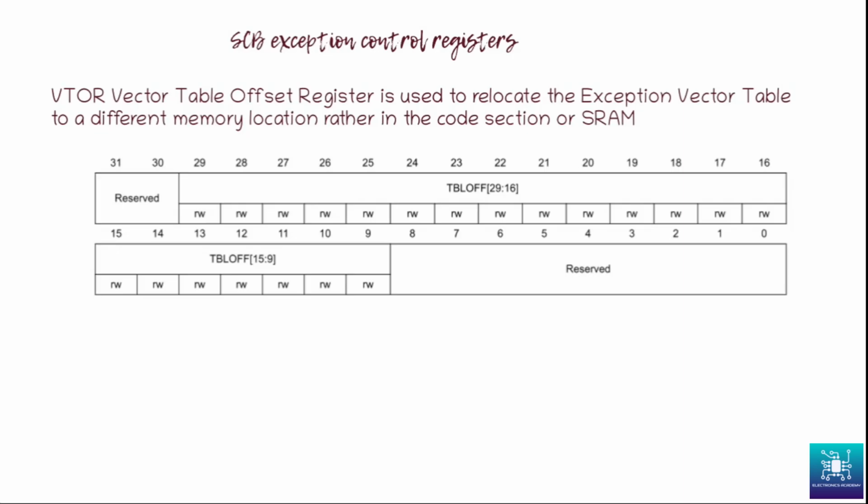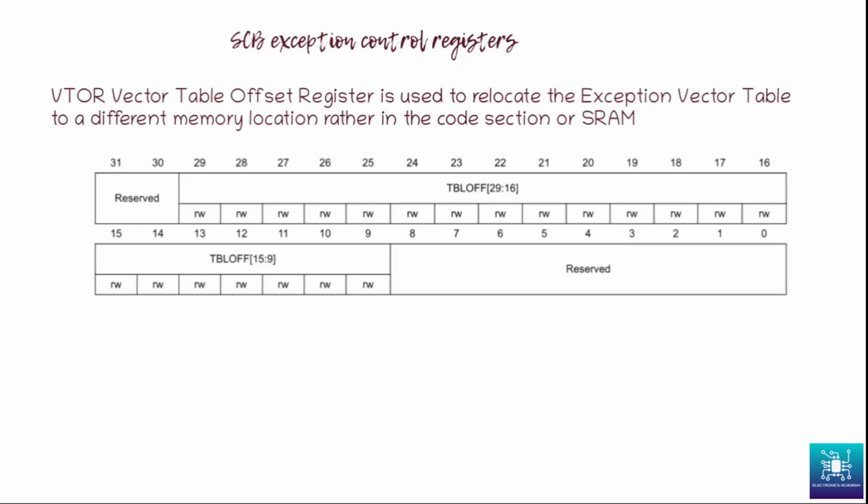Next in the group of registers in SCB exception control registers is VTOR, or vector table offset register, and it is used to relocate the exception vector table to a different memory location, rather than in the code section or SRAM. That is, to begin with, the exception vector table is located in the starting region of the flash.